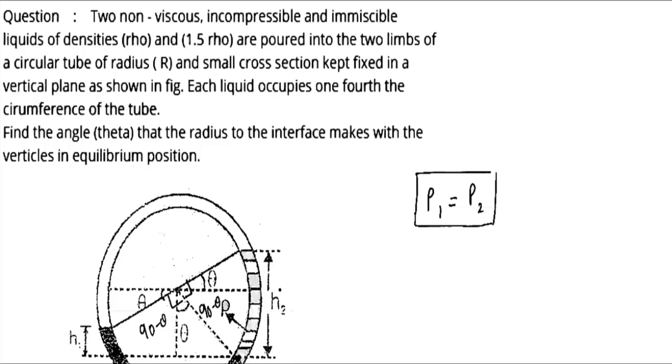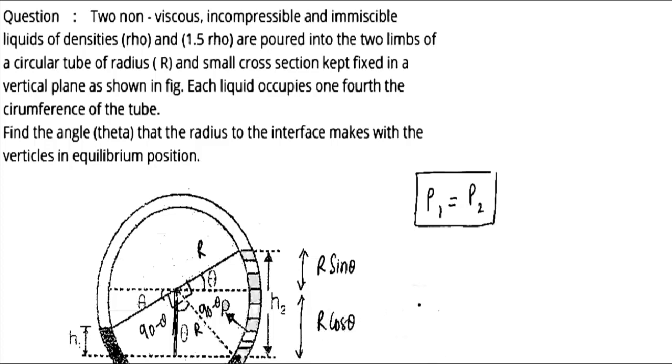In the diagram, if that is radius r, then that height will be equal to r sine theta. Similarly, if that is the radius, that height will be equal to r cos theta.